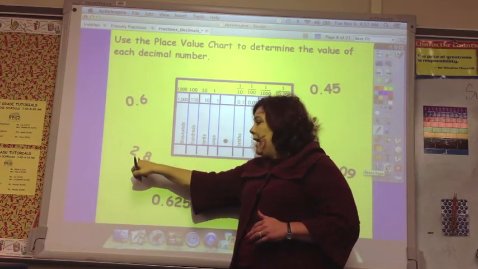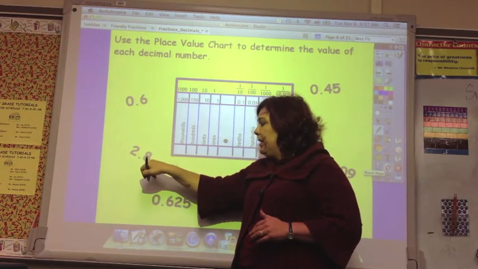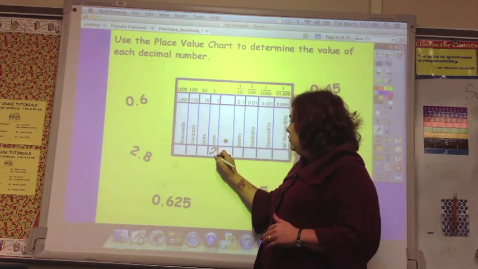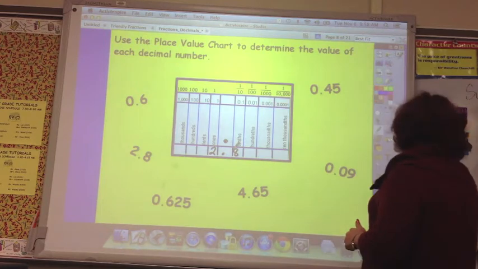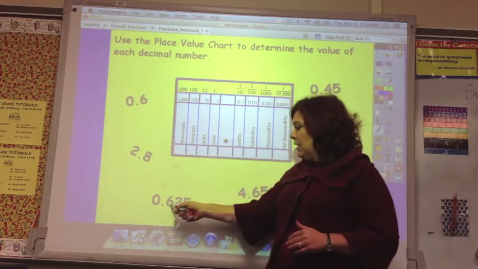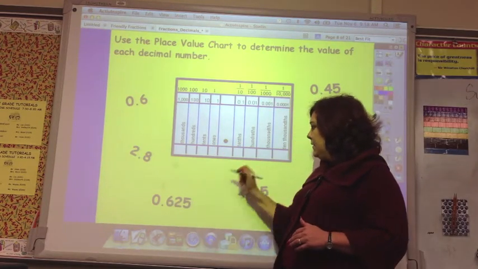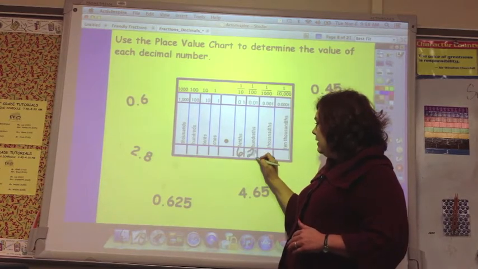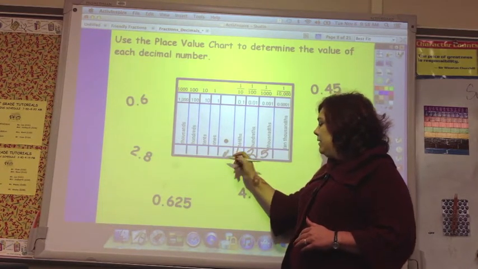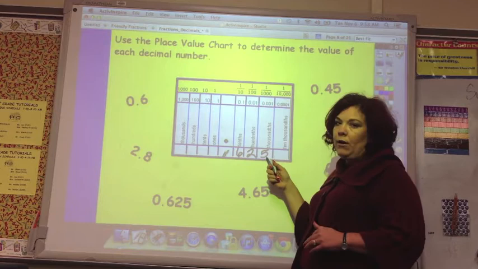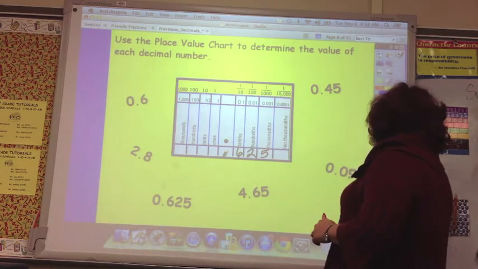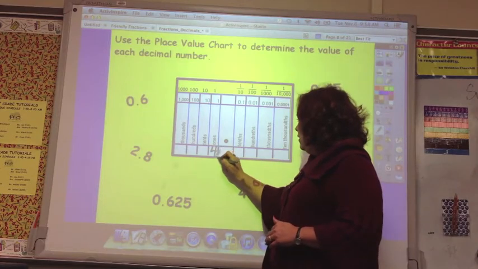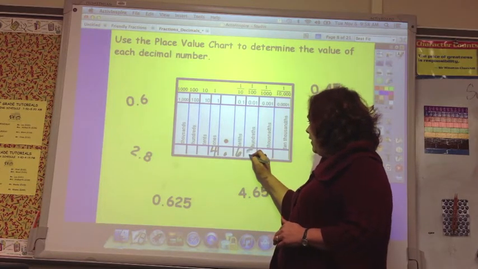We say 2 and, for the decimal point, 8/10. 2 and 8/10 goes there. 625,000. You always go with the last number to tell you the place value. 4 and 65 hundredths.